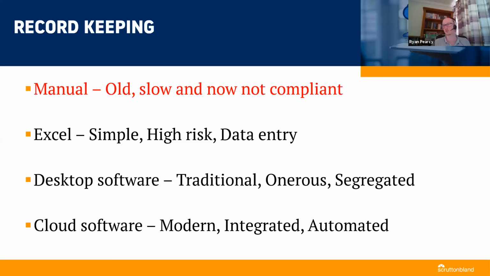A lot of desktop software has been written for accountants, with a lot of complex terminology, whereas cloud software has been simplified, assuming that you're using the right tools. There's probably some complex cloud accounting software out there, but I will go through some of these in a minute. The other main benefit is you can integrate this into other software, such as your CRM and your operational software, to automate some of the processes.